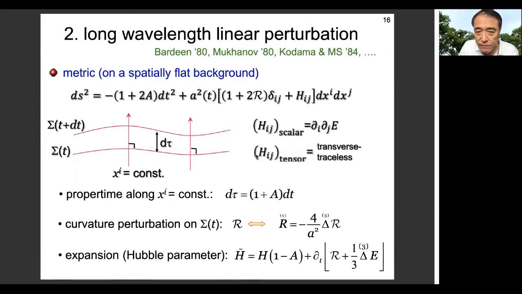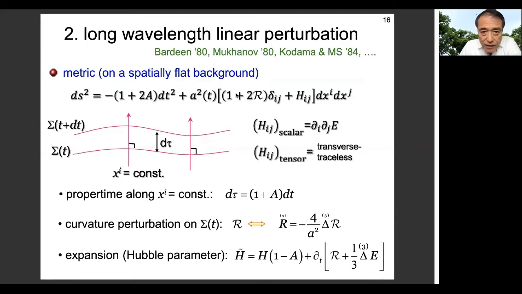Tensor is by itself a tensor which cannot be decomposed into anything. It's transverse traceless. Here, for simplicity, I ignored the so-called shift vector, which corresponds to choosing a different spatial coordinate. I assume that the spatial coordinate is orthogonal to the hypersurface to leading order.